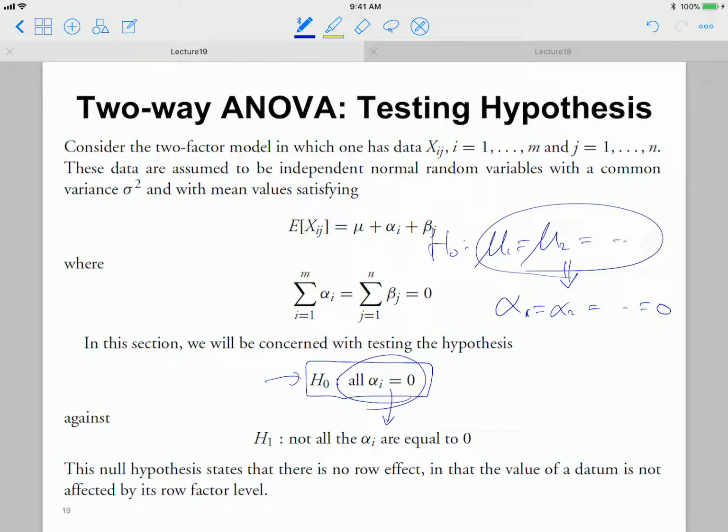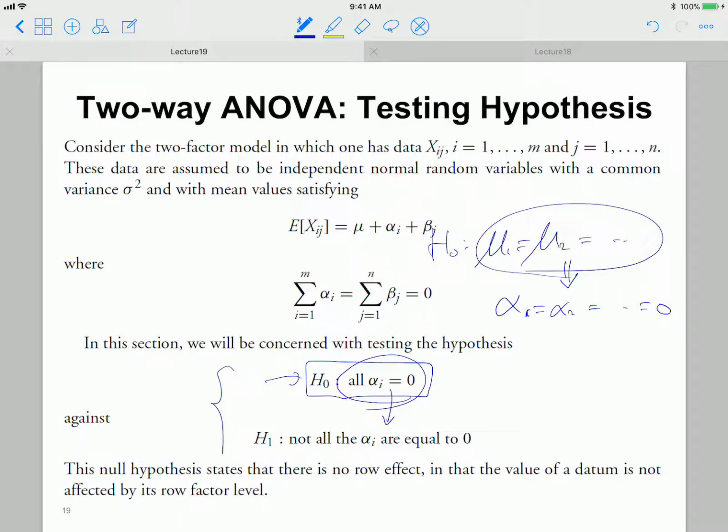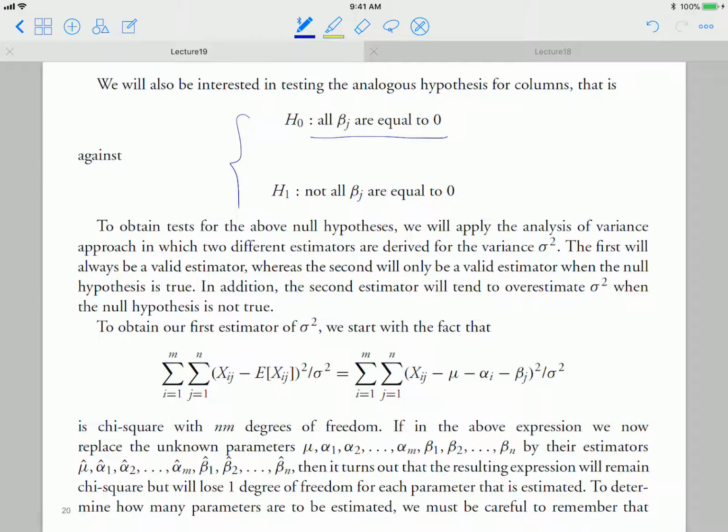So this is the first setting that we consider, and then another separate hypothesis setting that we test is this one: all beta j's are equal to 0. In the first case, our different exams have the same true mean value, or the exact same difficulties. And the second hypothesis is we don't care about the difficulty, whether the exams are different or not, but we only care about the students' capability.